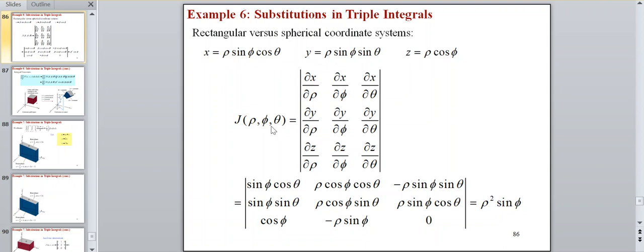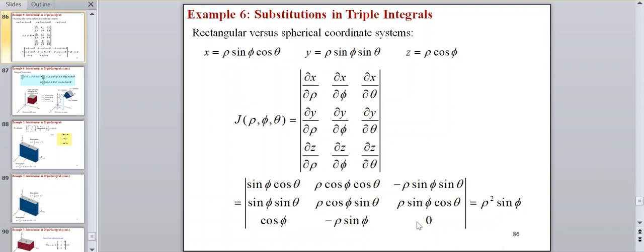Now let's calculate the Jacobian of a spherical coordinate system, or the Jacobian of this substitution. It means when we are using a spherical coordinate system for our substitution. So J of rho, phi, theta. The first row, the partial derivatives of x with respect to rho, phi, theta. Second, the partial derivatives of y with respect to rho, phi, theta. And the third row, the partial derivatives of z with respect to rho, phi, theta. It's easy.